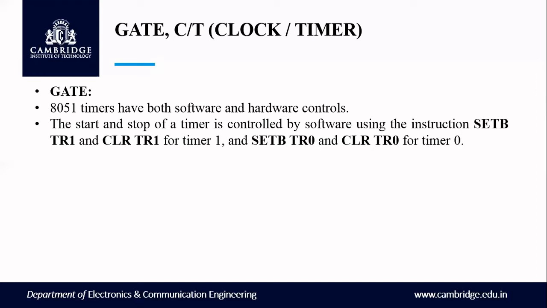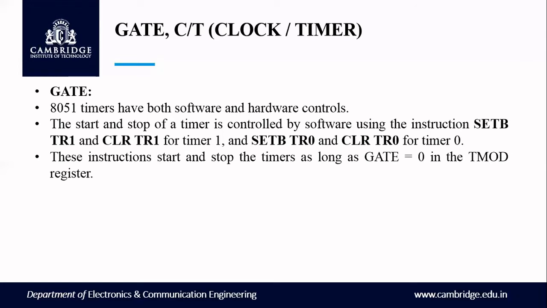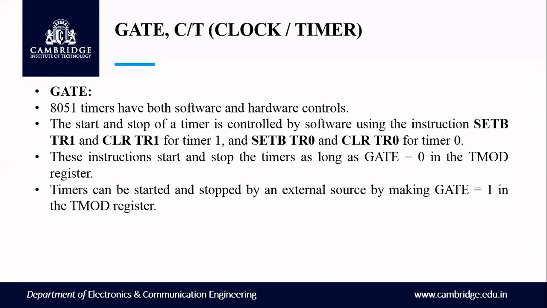These things can be done only when your gate value is 0. Means in the TMOD register, if you put gate as 0, then you can use these instructions to control the timers to start and stop. Similarly, timers can be started and stopped by an external source by making gate equal to 1 in the TMOD register. Externally means through hardware.